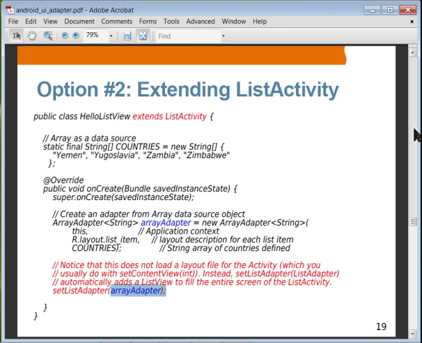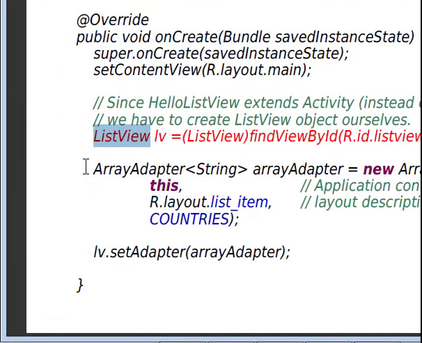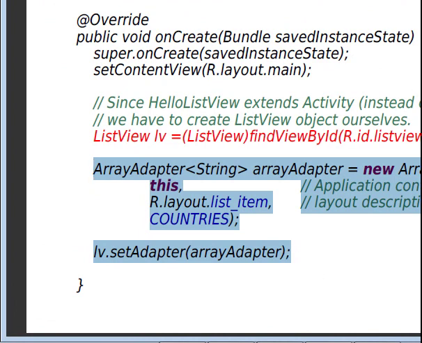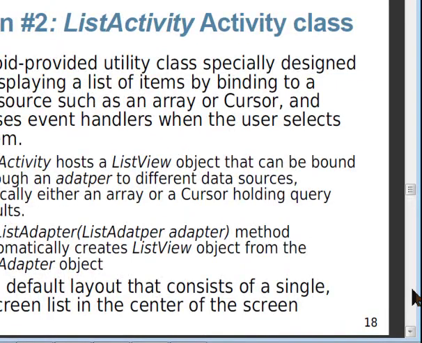If you compare this code with the previous one, we didn't have to do this because the ListView object is already created for us through the constructor of the ListActivity class. But the rest of the code is the same. All right, let's move forward.